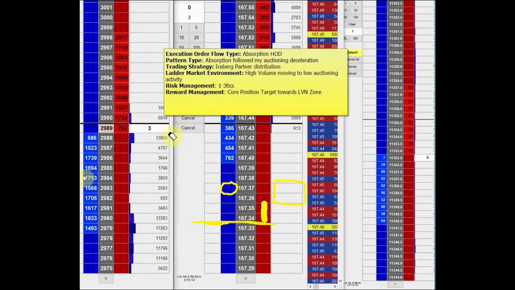Remember, you always know what an absorption at the high of day or the low of day is when you understand your market intrinsically well. And so, in the oil market, it might be a 300 lot and a 400 lot being distributed at the high of day. In the Euro stocks, it's between 7 to 10,000 lots.